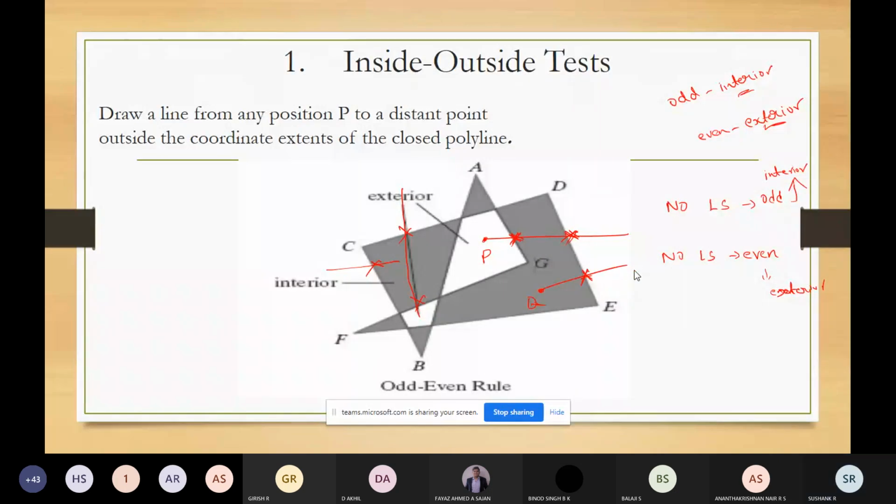This is the simple way of deciding whether the point is in the inside region or the outside region. Now we have one more method to identify the same thing: the non-zero winding number rule.